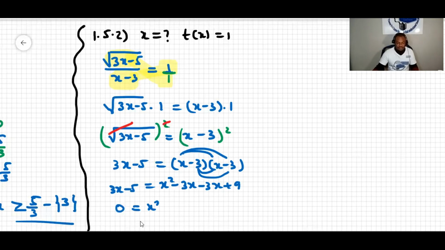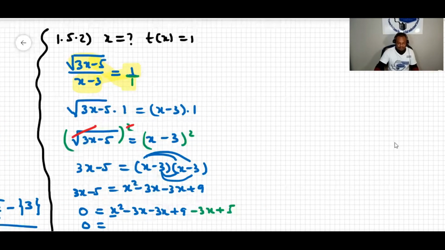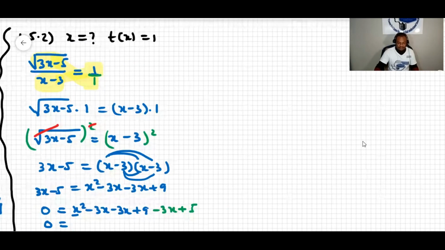That's x squared minus 3x plus 9, and then minus 3x plus 5. Now we can underline like terms. x squared is only one term in terms of x squared.